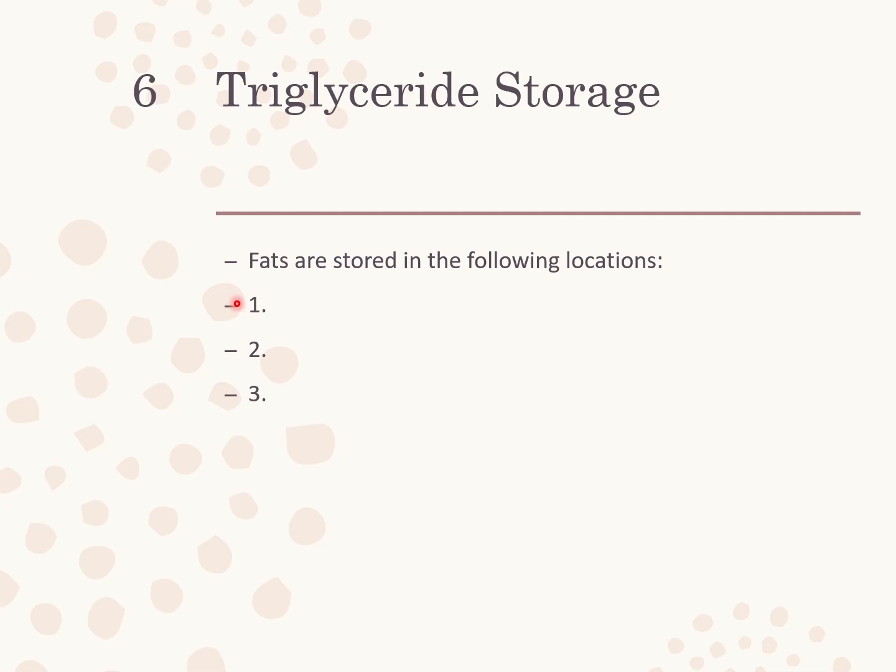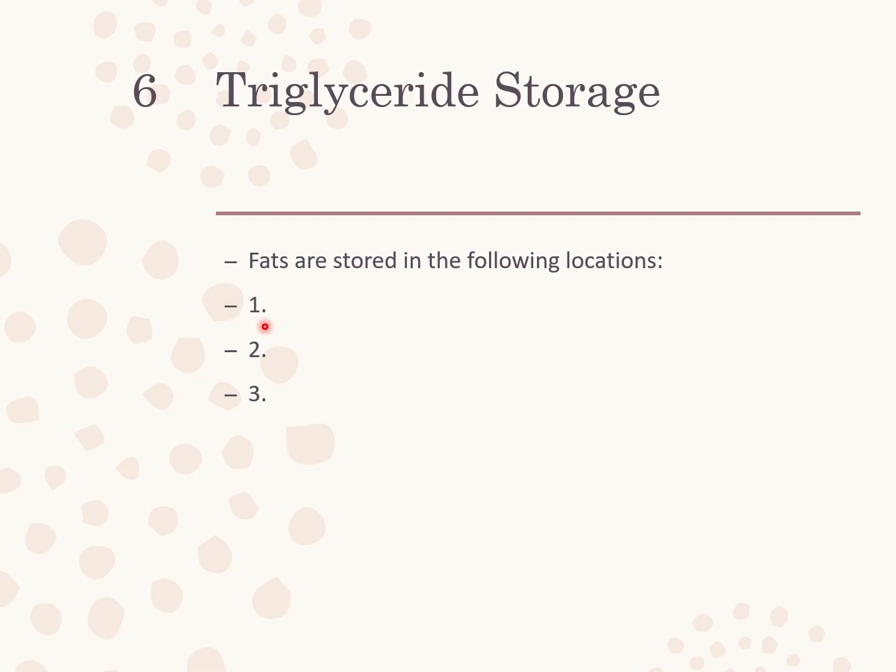We have adipose tissue all over the place. For example, we have fat cells located under the skin surface. We have some that are located around the muscles. We've got them a little bit of everywhere. So adipose tissue is our number one location for us to store fats.